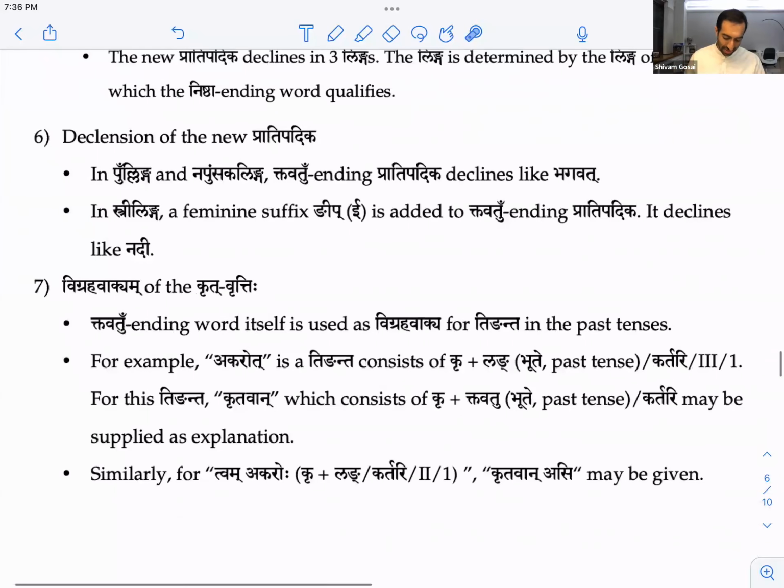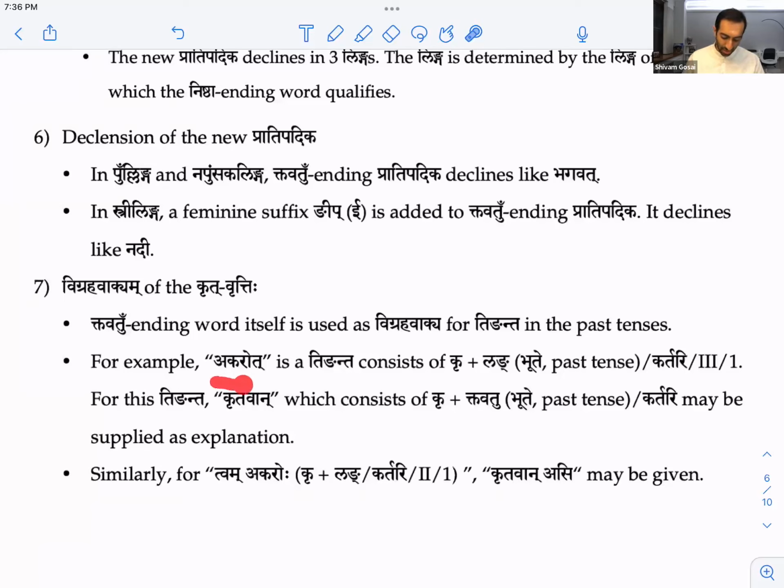Vigraha Vakya we didn't see, so I'll just briefly mention it. I don't want to spend too much time, unless there's curiosity, then we can spend more time as we go along. This Ktavatu ending word is used as Vigraha Vakya for a Tinganta in the past tense, and the Tinganta in the past tense can be a Vigraha for the Ktavatu. So it goes both ways. What we do is we use Lang Lakara, one of the past tenses.